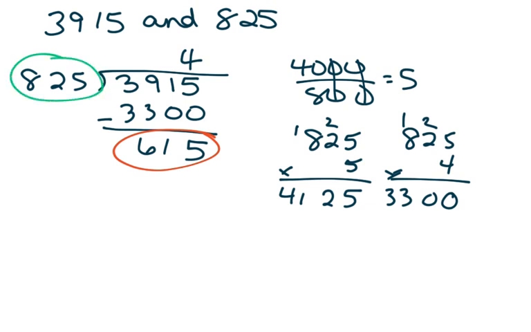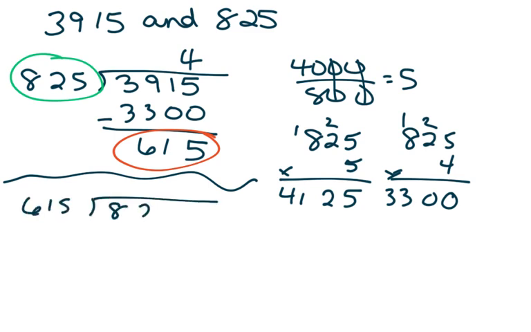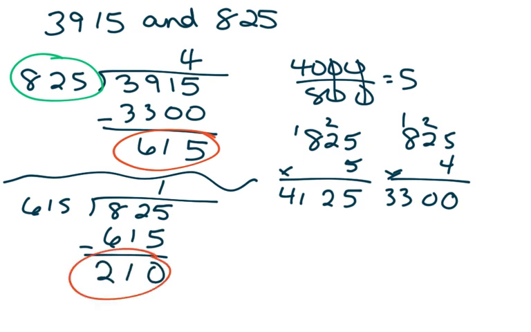We need to work those into a new division problem with 615 out as the new divisor and 825 underneath. That is only going to go in one time. And when we subtract those, we have 210.